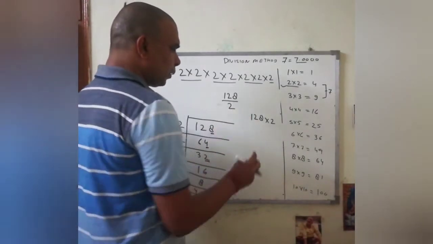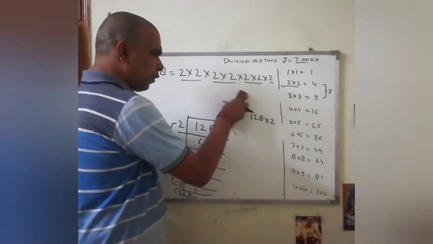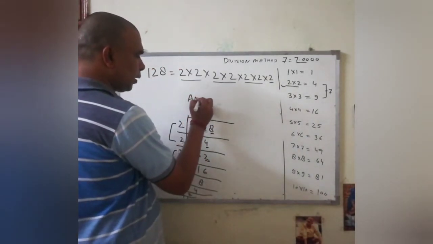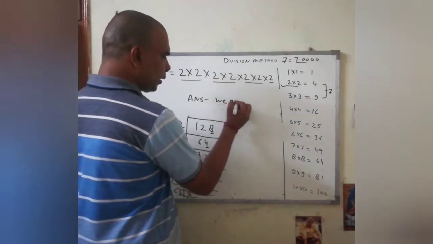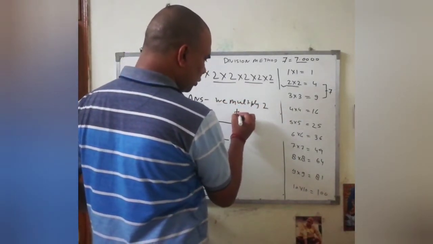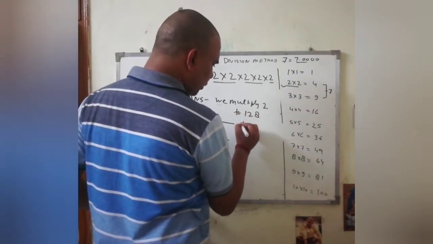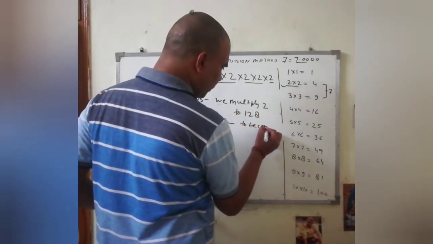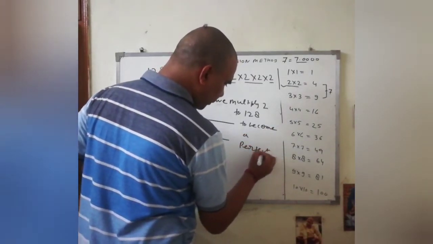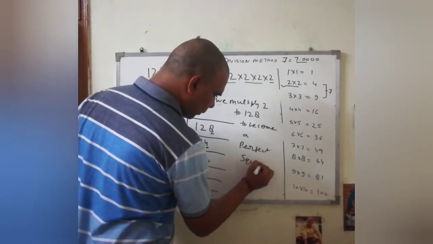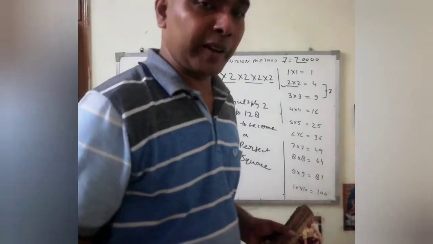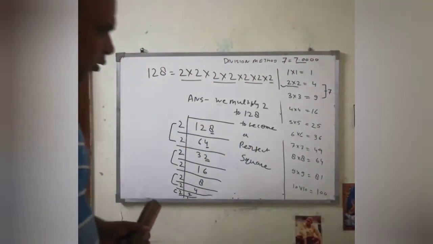So for my question, we will multiply it by 2, so the answer will be: we multiply 2 to 128 to become a perfect square. So for this type of problem you can use the prime factorization method. Got it?